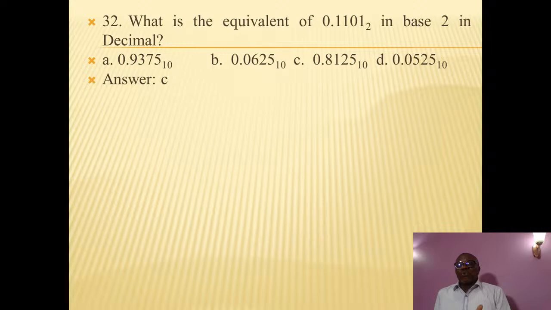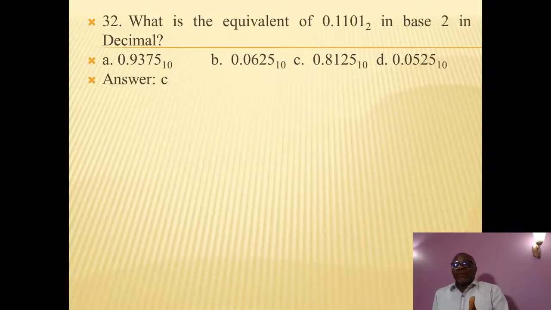The first one on the left is 1 times 2 raised to power minus 1, plus 1 times 2 raised to power minus 2, plus, of course, 0 times something goes.